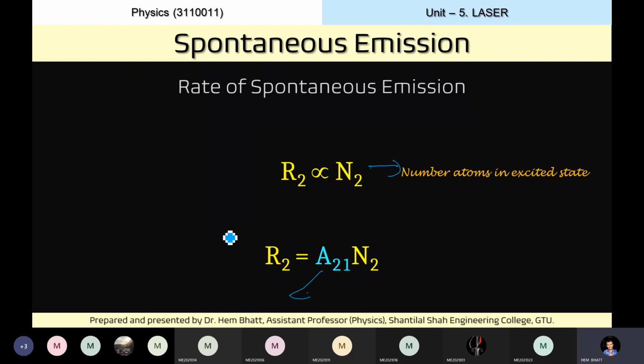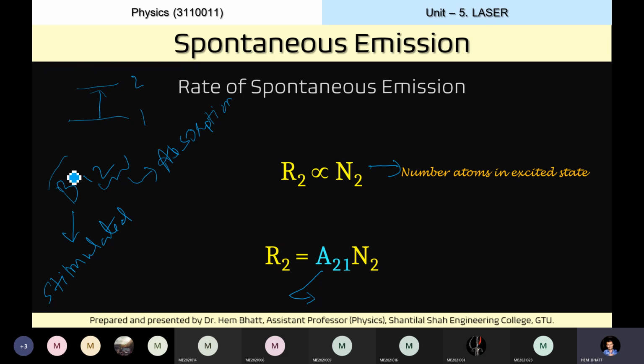And what must A21 be? Look at which Einstein coefficient came before: B12. B is always for a stimulated process. Is 1 to 2 emission or absorption? This is 1, this is 2. If something is going from 1 to 2, it has to be absorption.